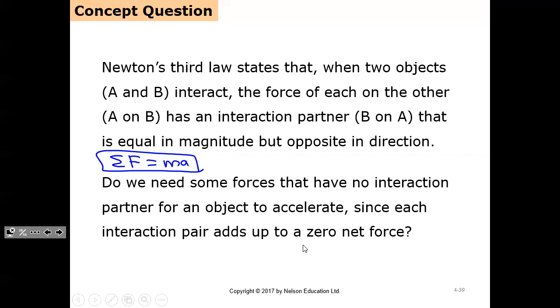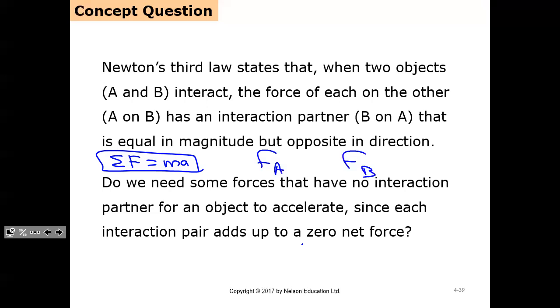One force is on object A, the other force is on object B. If we have the force on A from B, and there is a force on B from A, then FB is the interaction partner for FA, and vice versa.